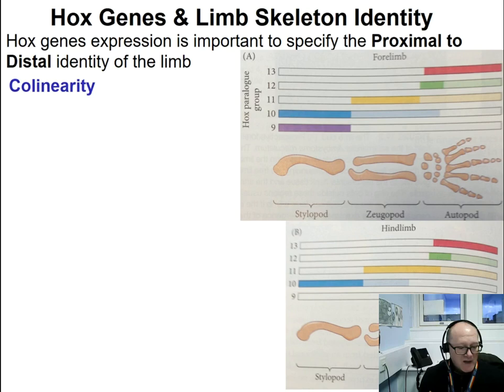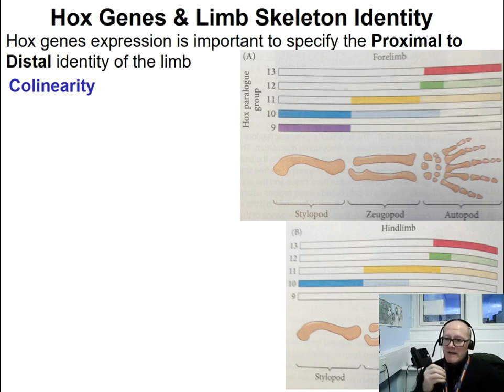Now, remember that when we talk about HOX genes, we always need to remember the temporal collinearity. If you remember, temporal collinearity meant that the position of the HOX genes in the chromosomes matches the expression profile. So the early genes in the chromosome are expressed early during development and more anteriorly, while the genes positioned later in the chromosome are expressed later in development and more posteriorly.